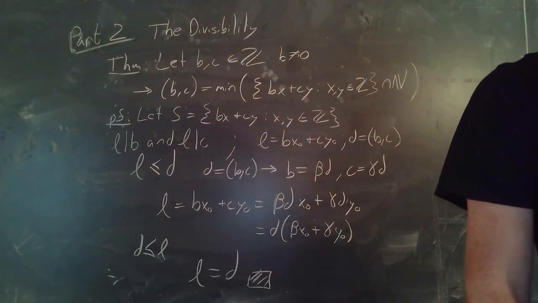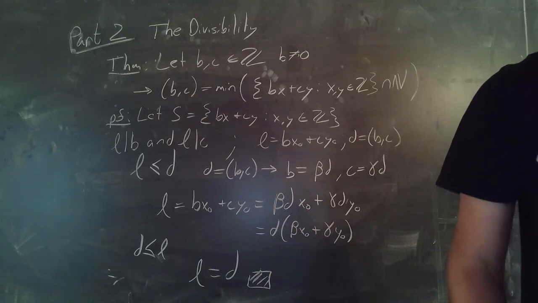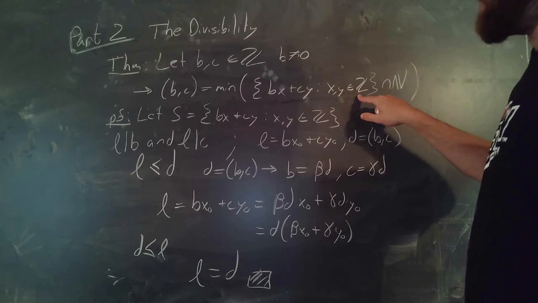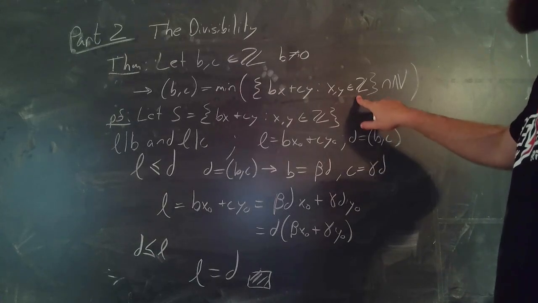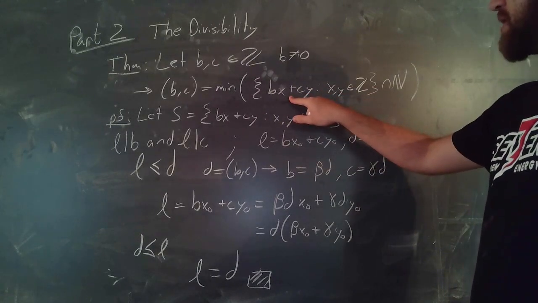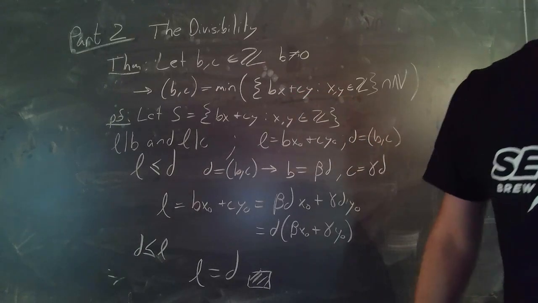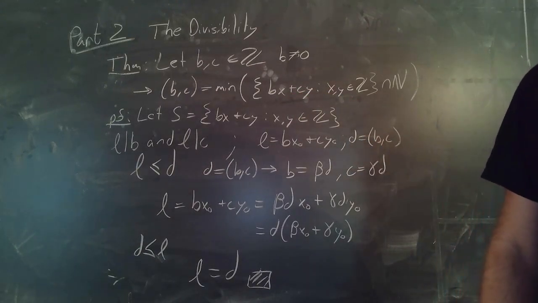The reason why that becomes important is because we can always express our greatest common divisor as a minimal element of this set, meaning we can express a greatest common divisor as a linear combination of two scale factors of the two elements that we're trying to find the greatest common divisor of.